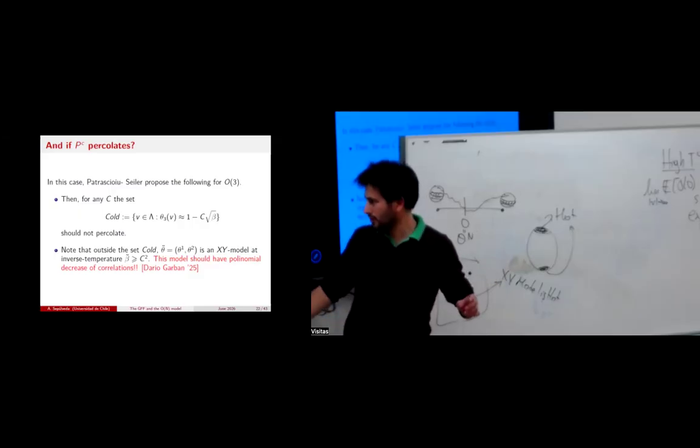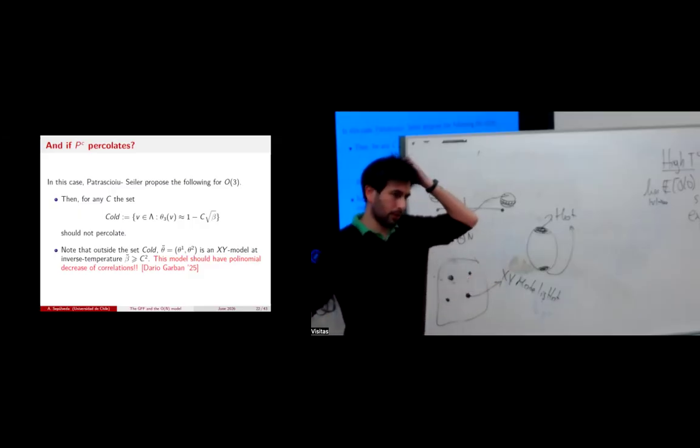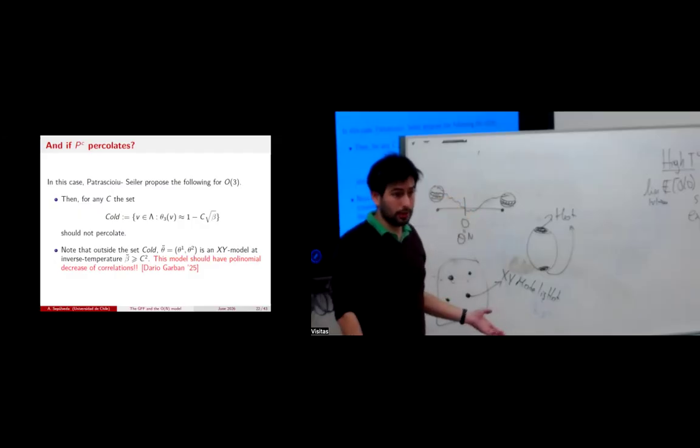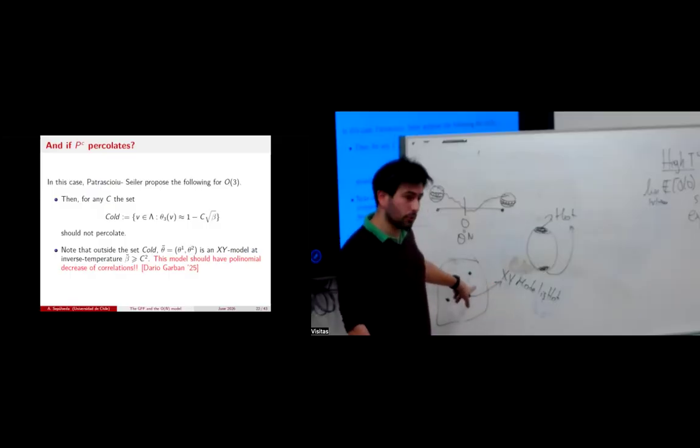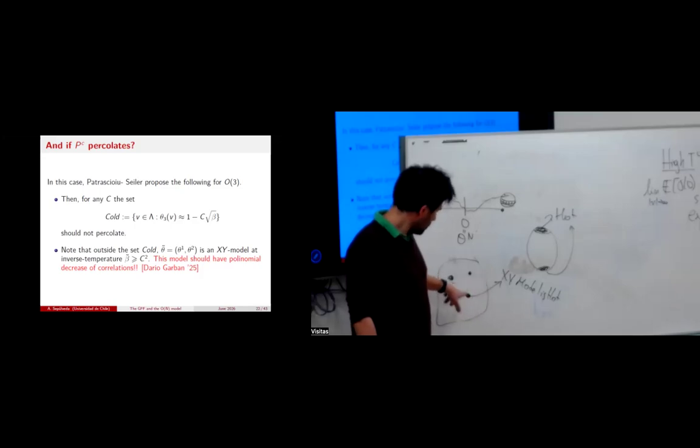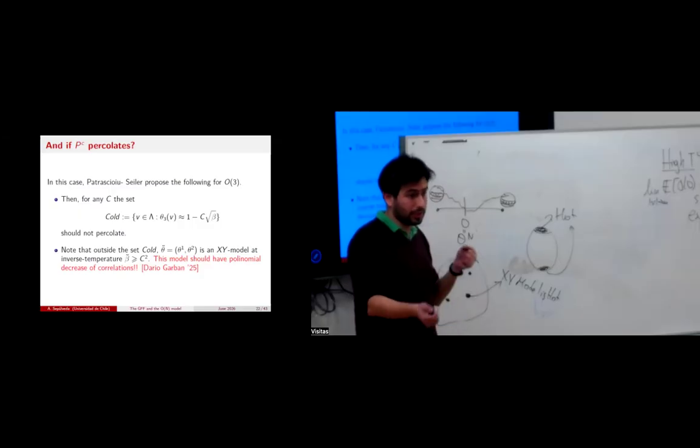Actually, this was afterwards studied by Paul Dario and Christophe Garban, and you can show that you also have the BKT transition there. So that would mean that our XY model living on top of here should also have a correlation that decays polynomially, and we would be good.